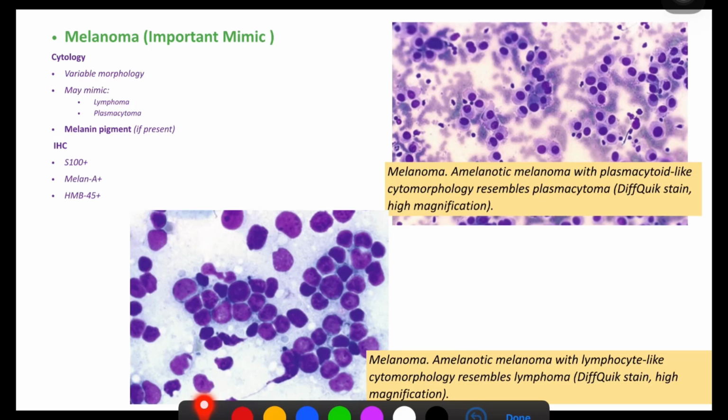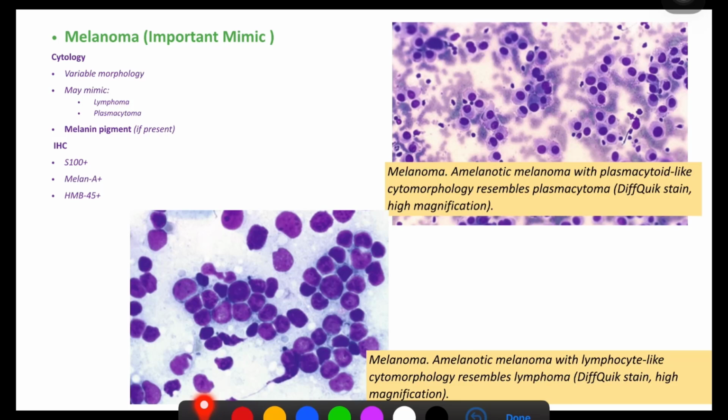Now melanoma, which is a very important mimic because cytologically it is having variable morphology, may mimic lymphoma or plasmacytoma, and malignant pigment if present, we may rule out melanoma if melanin pigment is present.